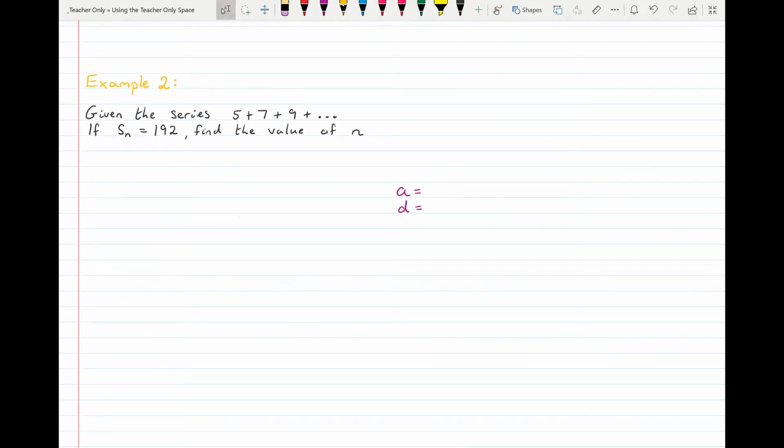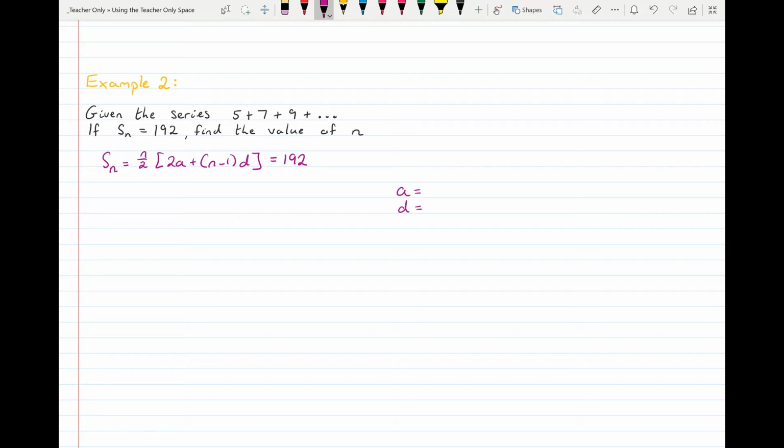Example 2. Given the series 5 plus 7 plus 9, if Sn equals 192, find the value of n. Again, you want to write out your formula for your series. And now we're told that Sn is going to equal 192.